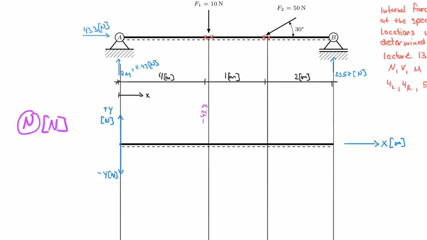So that, of course, was also negative 43.3. And then we had another value that also turned out to be negative 43.3. And we had a value of 0. So now we know those values, and the question is, how do we graph them now?